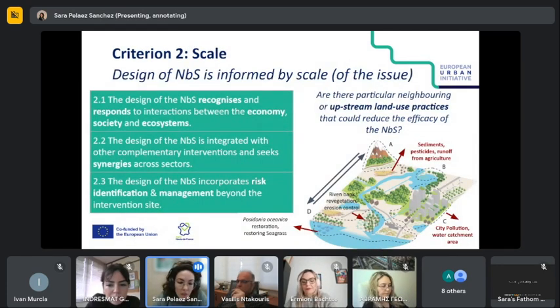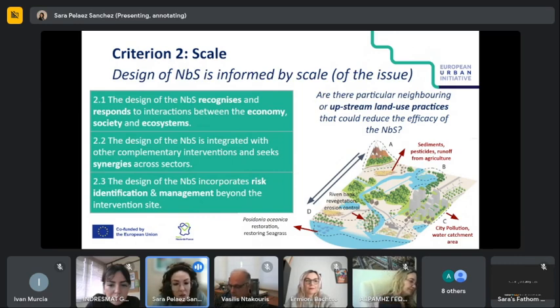So criterion 2 is about scale. The design of the NbS is informed by scale. The scale here is nothing related to your intervention covering a larger or smaller area. It has to do with your design, the solution responding to the scale of the issue.